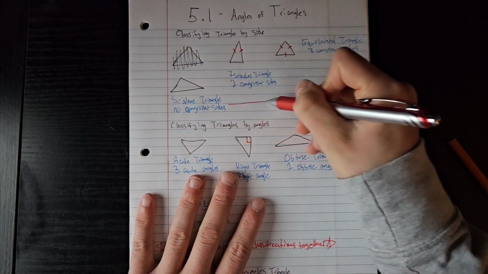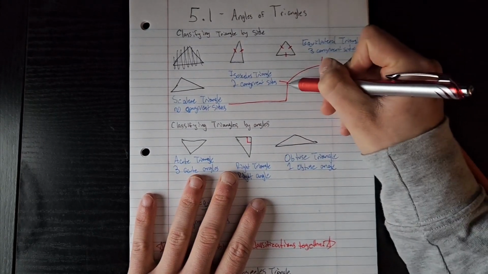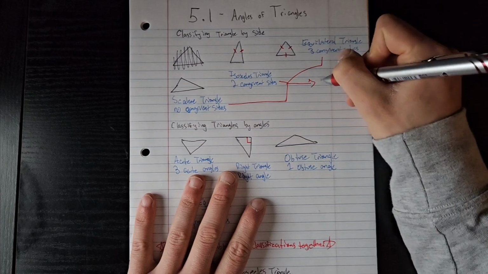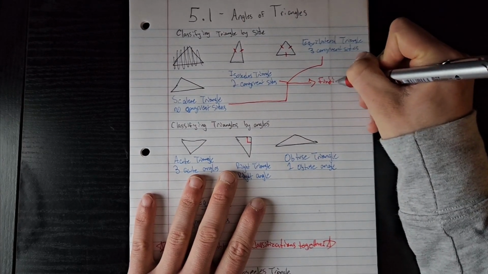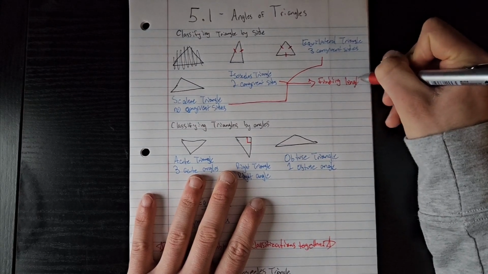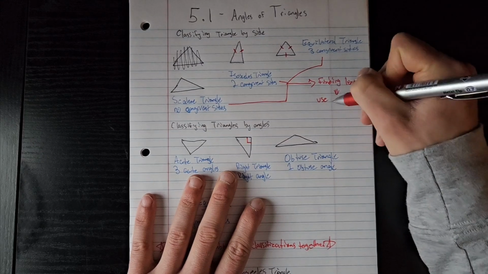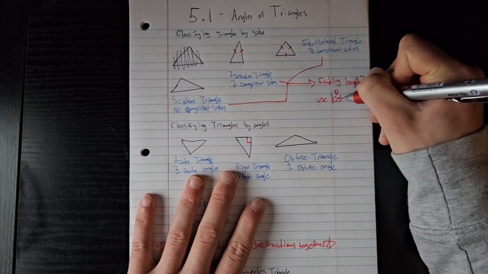So if we are given these congruent sides, and we want to find the length, finding length, we are going to use the distance formula.